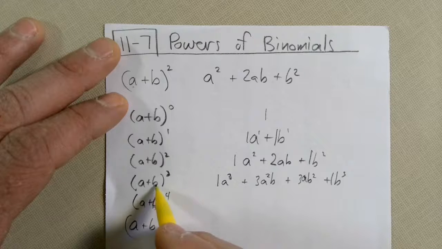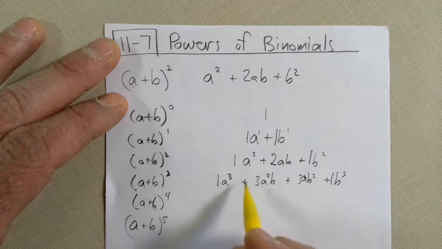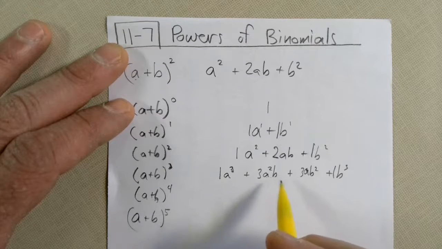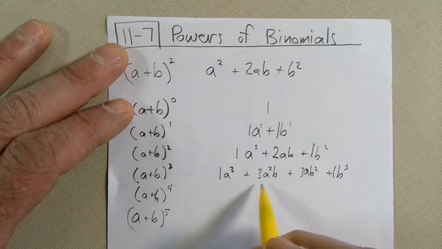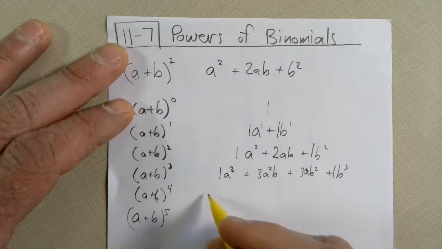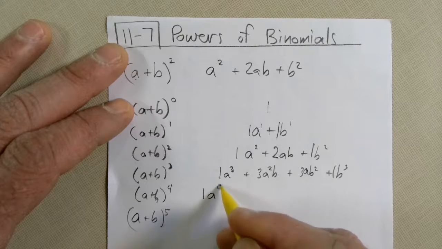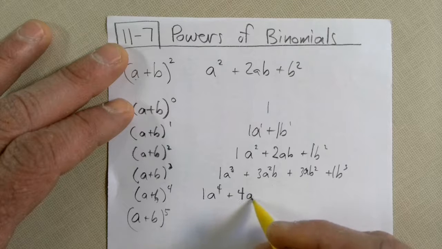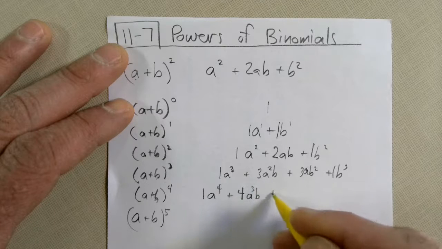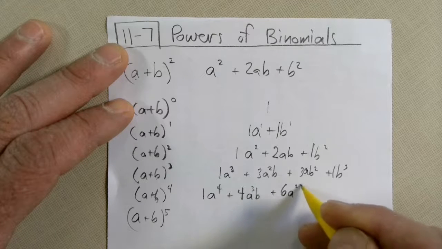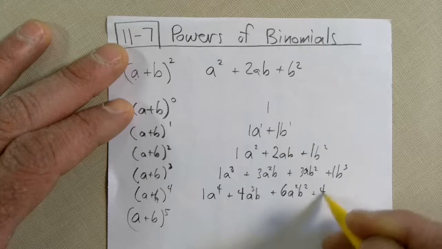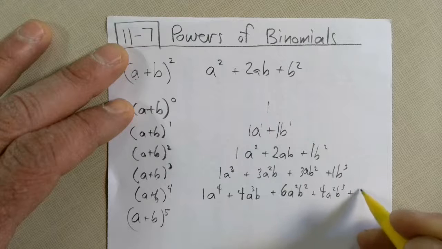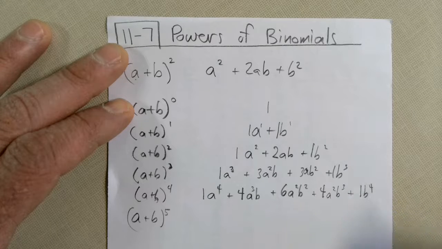Now, notice I actually didn't work all these out right now, so I'm putting these down faster than what you would be able to do when you work these out. These are already done beforehand. I just want you to notice the patterning. So 1a to the 4th plus 4a cubed b plus 6a squared b squared plus 4a b cubed plus 1b to the 4th.